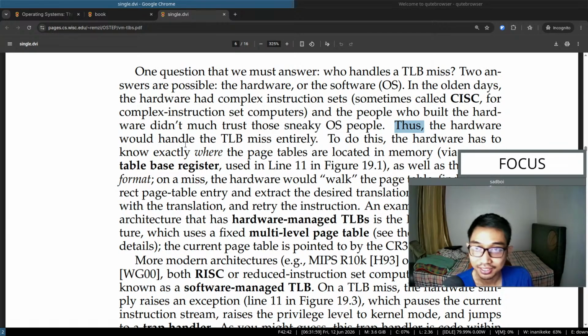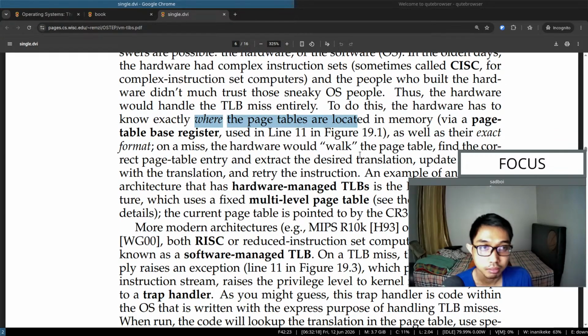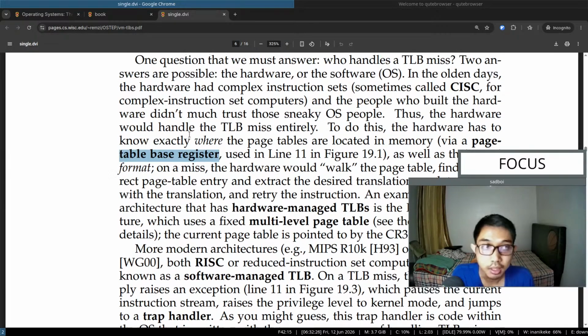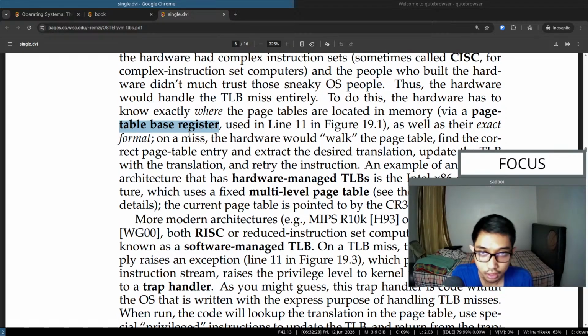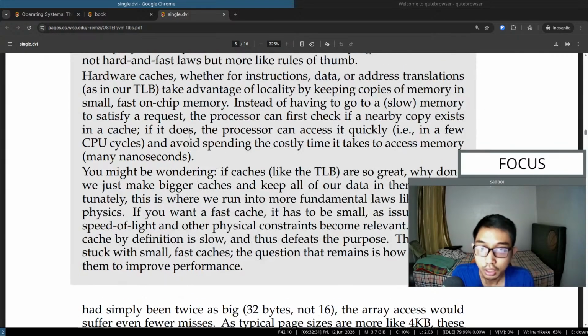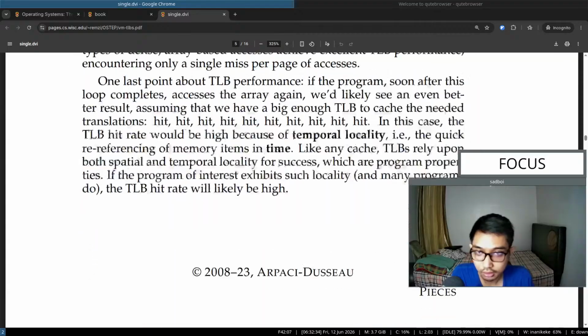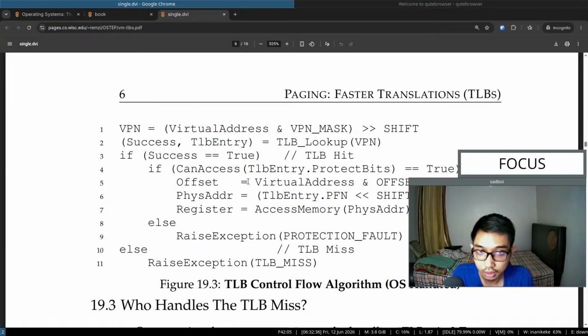Thus, the hardware would handle the TLB miss entirely. To do this, the hardware has to know exactly where the page tables are located in memory via a page table base register. Oh, okay, page table base register. Okay, so where is it?